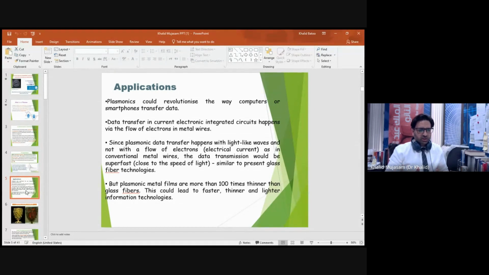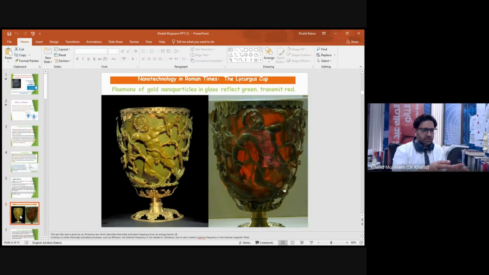The thinner the system is, the lighter the information technology will be, and the faster it will lead to the data transfer. So this is one picture, as I was discussing, of how this size changes or the light absorption is going to present you the two different pictures.